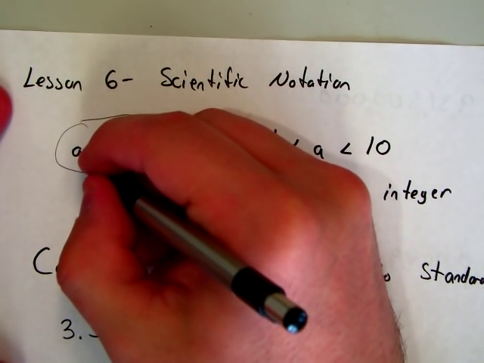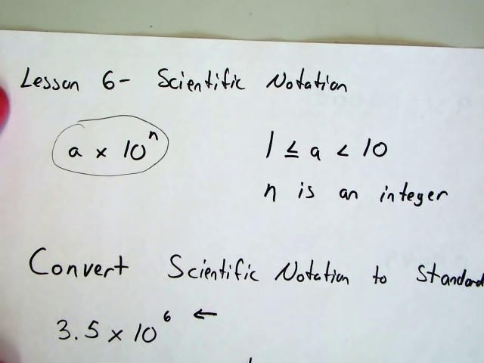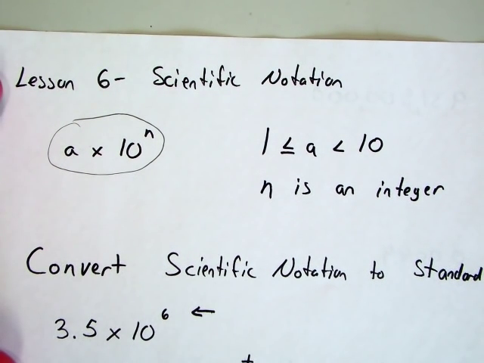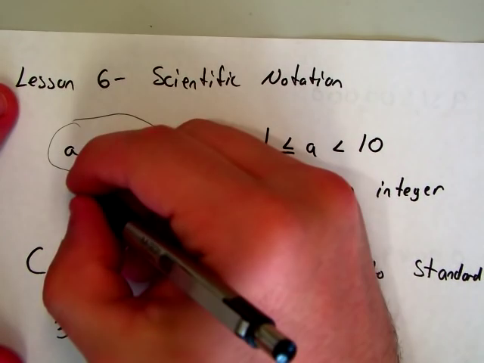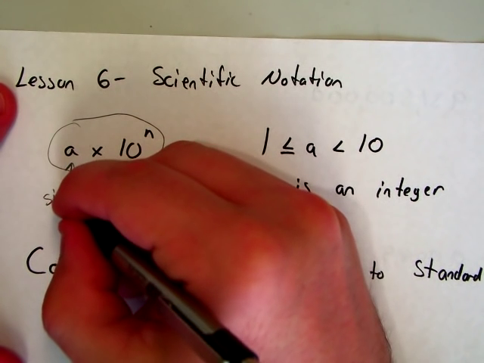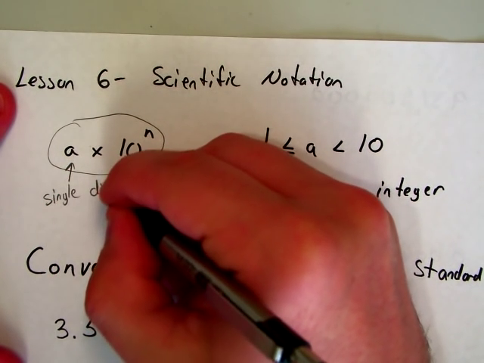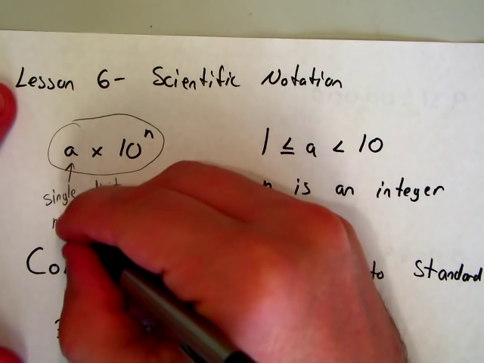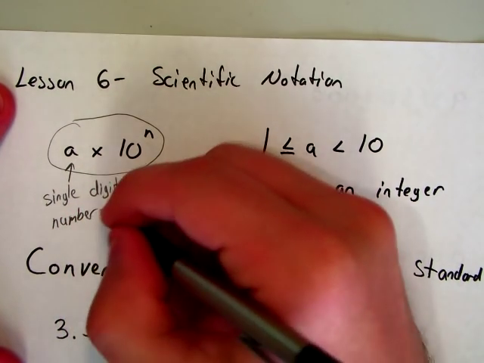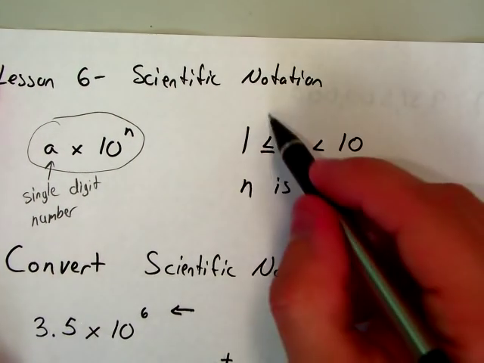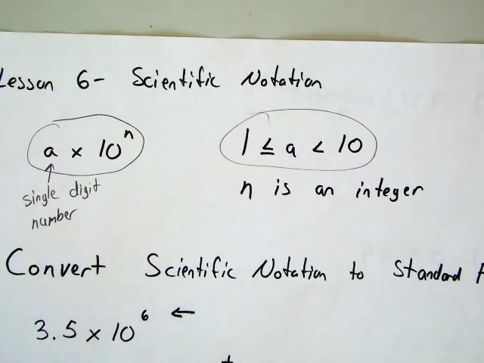The number out front here, a, has to be a single-digit number. A different way to write it is it has to be greater than or equal to 1 and less than 10.